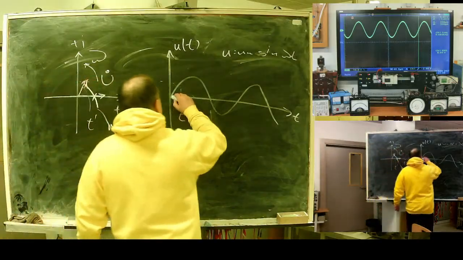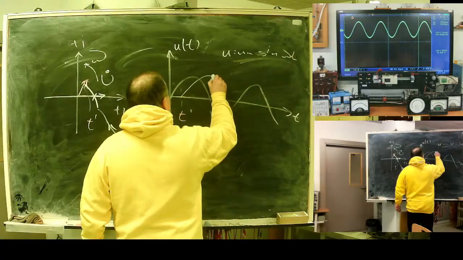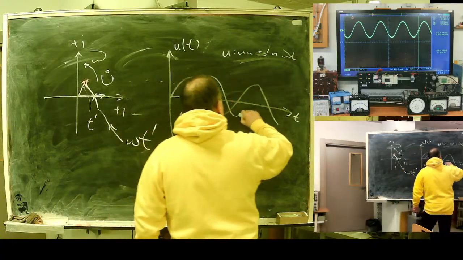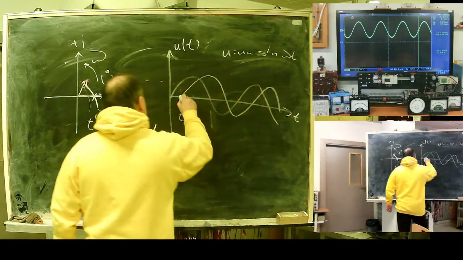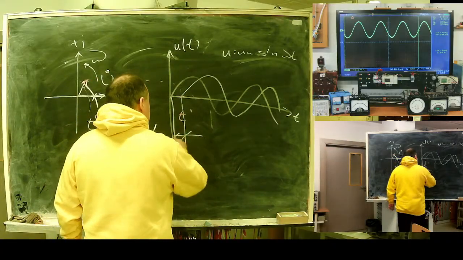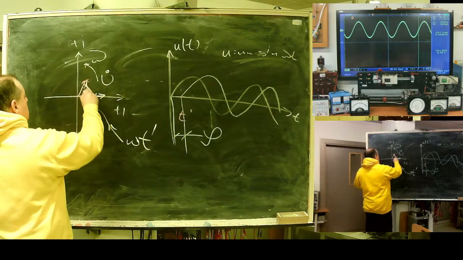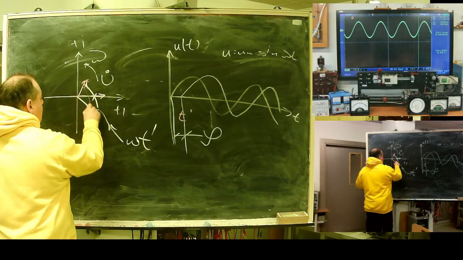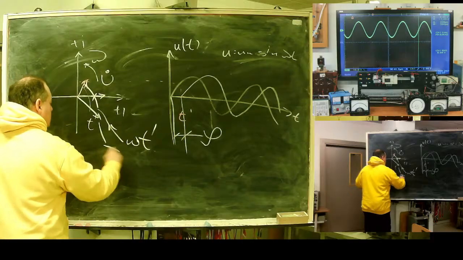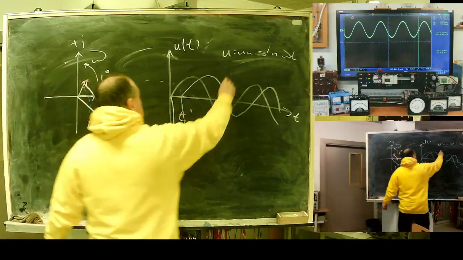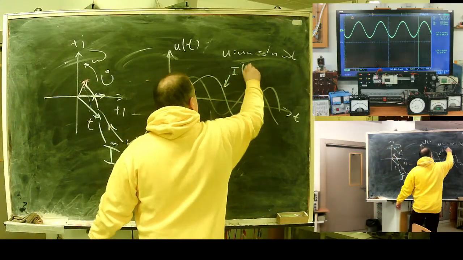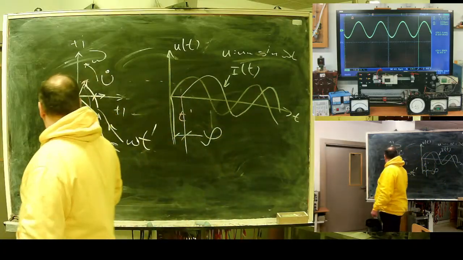Say this is a current with angle phi. In such a case, here is the phasor representing this current.